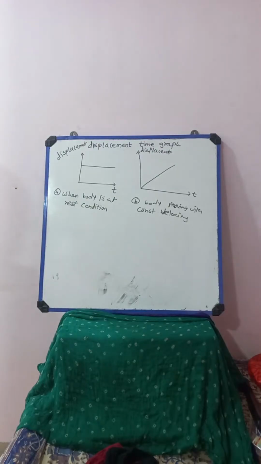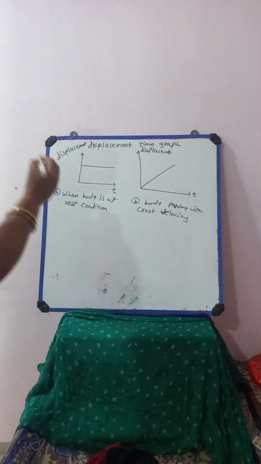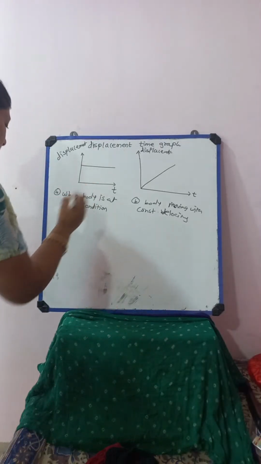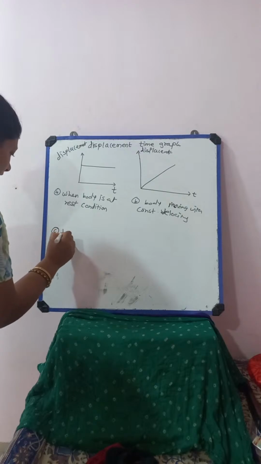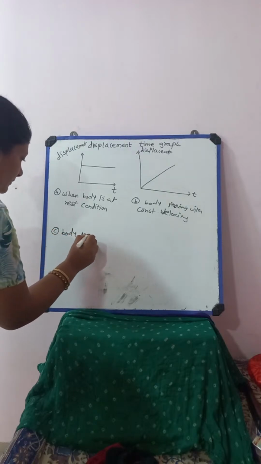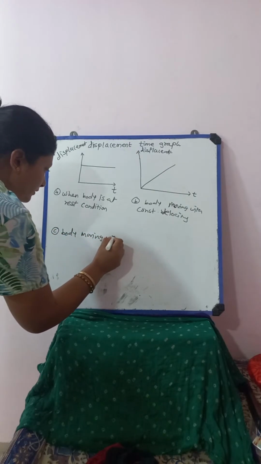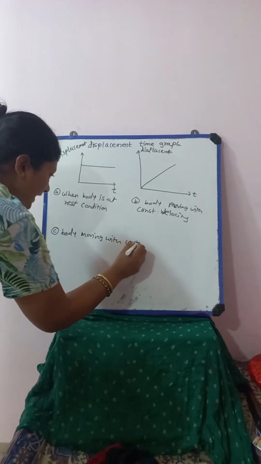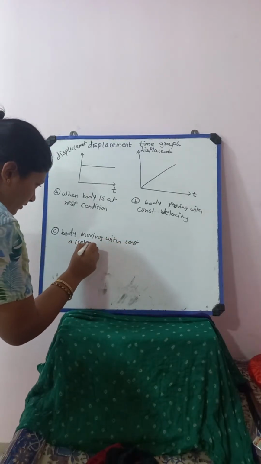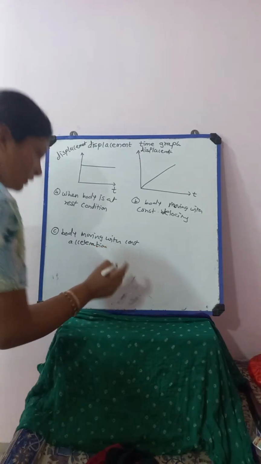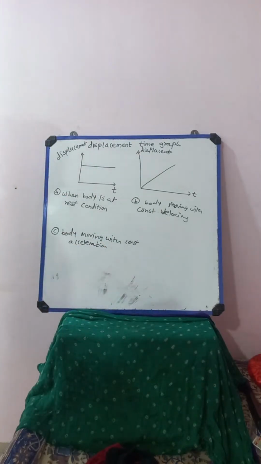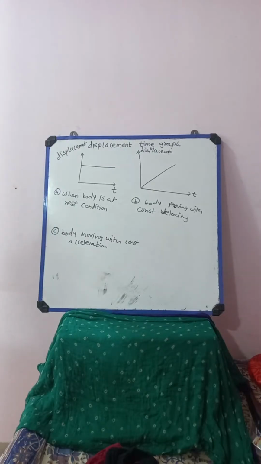Okay, so body moving with constant acceleration. This is B, then C I will write here, body moving with constant acceleration. Constant acceleration means there is a change in velocity, and that change in velocity is constant.